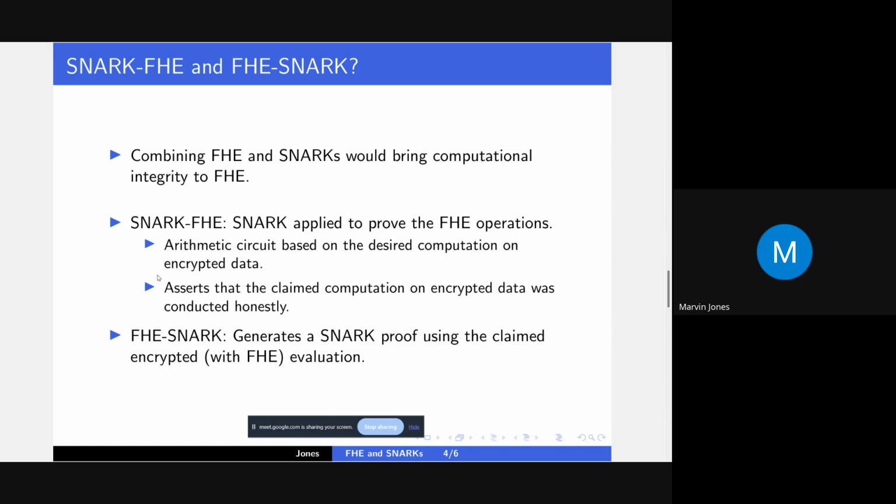So the way you can kind of view these differently is that for SNARK-FHE, we do SNARKs first with the FHE operations, and with this, we kind of separate the FHE out a little bit and do the SNARK first.